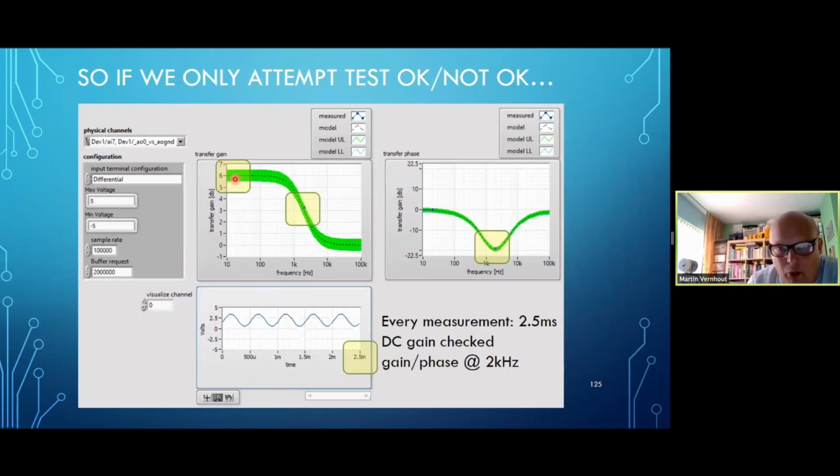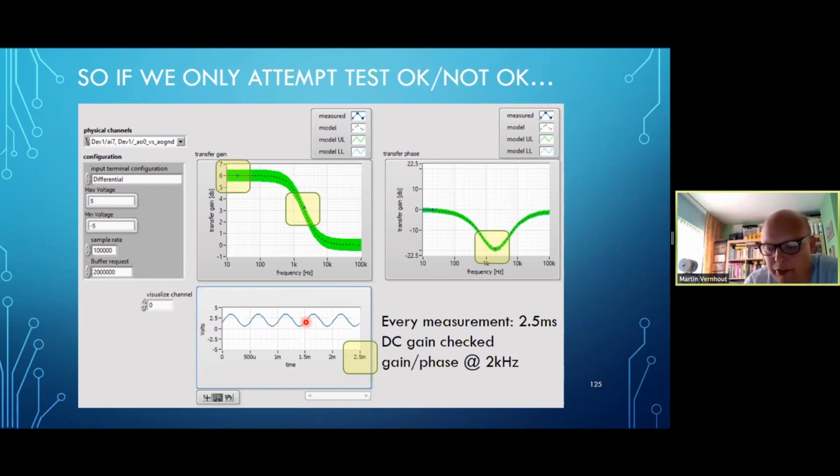I now have 1 data point at the low side. I have 1 data point during the transition. That's also there in the phase. And if I make only those 2 measurements, which I can do, for example, every 2.5 milliseconds, I check the DC gain and I check the gain in the phase at 2 kilohertz, and therefore conclude that the rest of that whole curve actually is as expected.